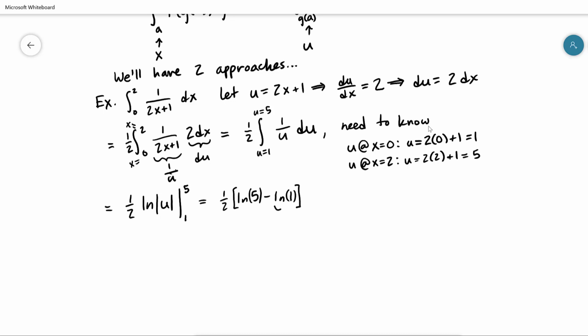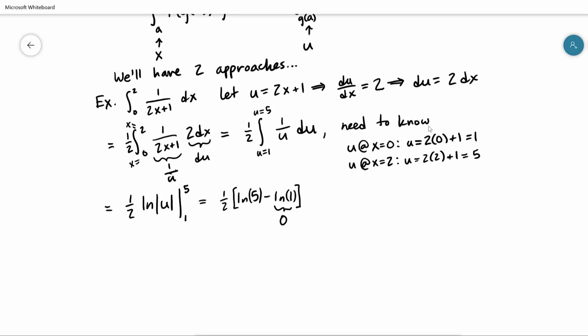What is the natural log of 1? The natural log function looks like this, and that is the point 1 right there. So it turns out this is 0, and I can ignore that term entirely.